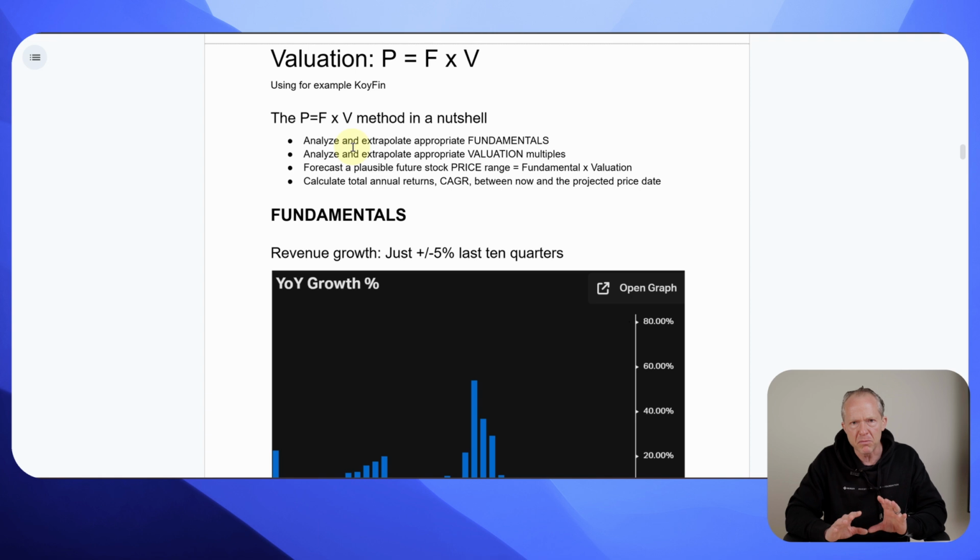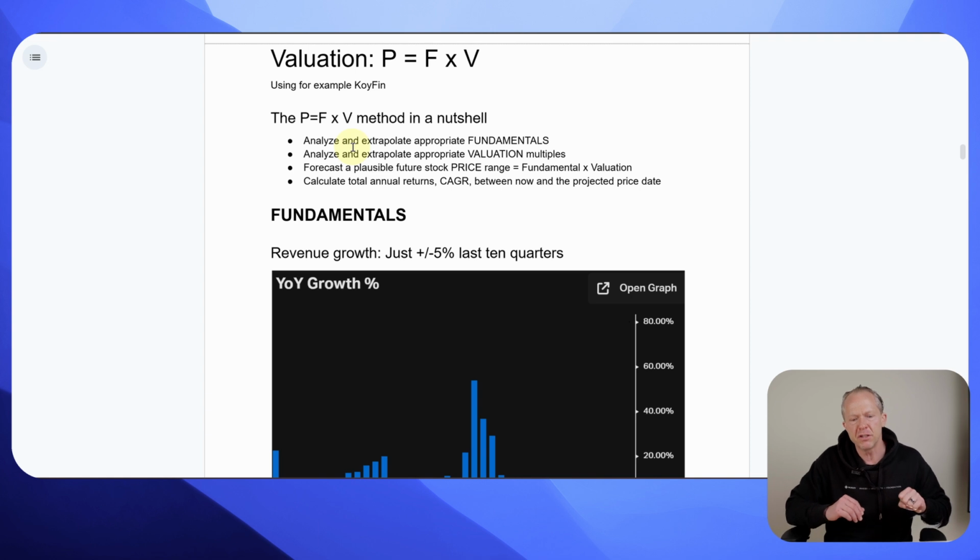And the most useful value drivers are what the operations are actually about. So it's typically sales and earnings, and possibly also net assets, or what we call book equity, or just book.